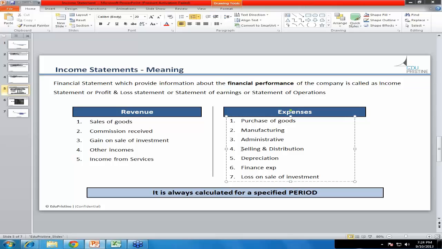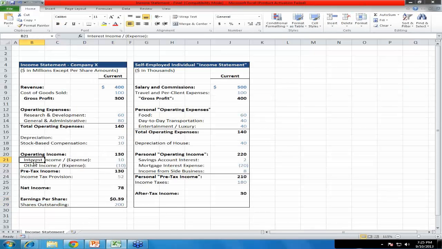Selling and distribution is the distribution channel of actually transporting the product that you've created to its eventual retail shop. Depreciation, we discussed how my pizza shop building is actually decreasing in value over time. Financial expenses, as in the interest that I pay on the money that I've borrowed to run my business, which we discussed here as being interest expense, right there.